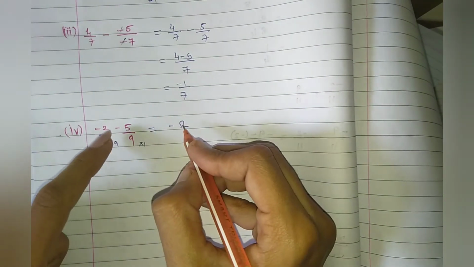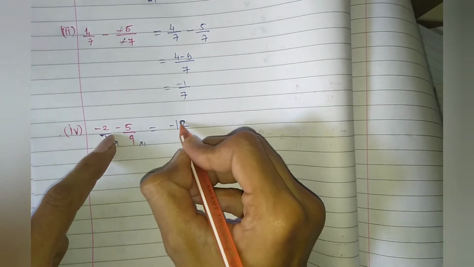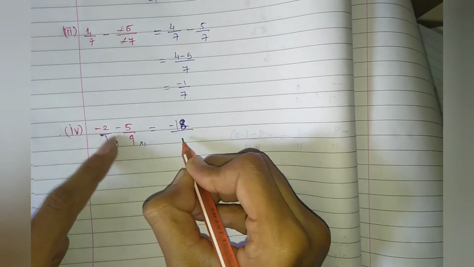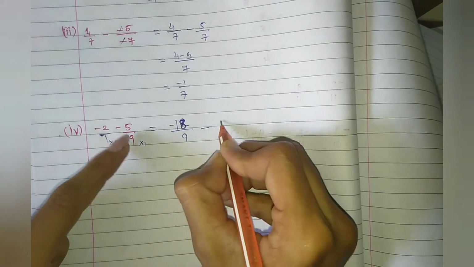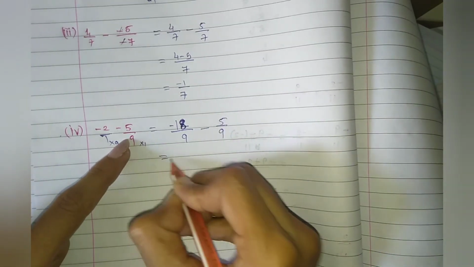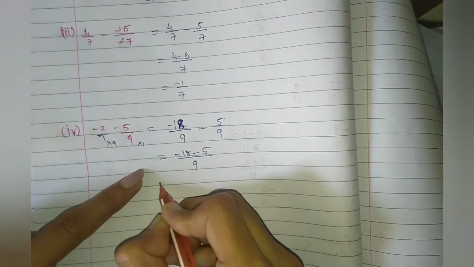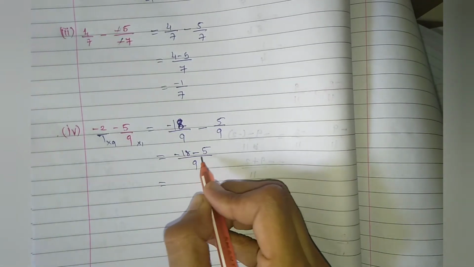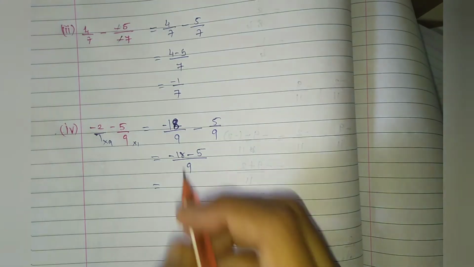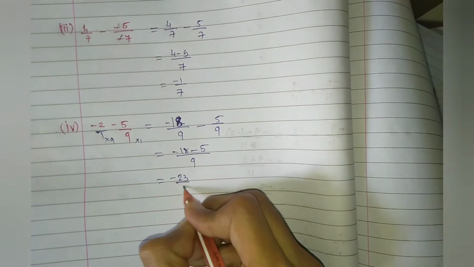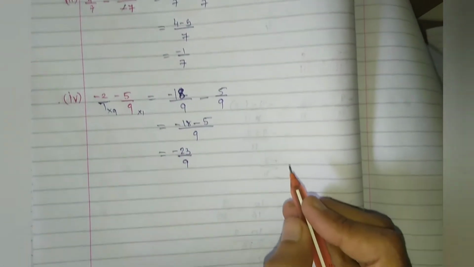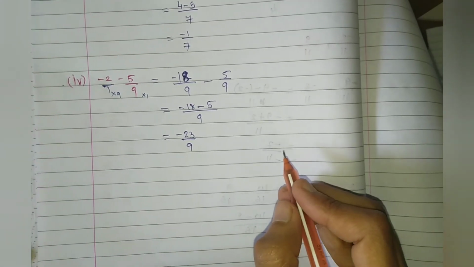So minus 9 into 2 is minus 18 upon 9 minus 5 upon 9. So equal to minus 18 minus 5 upon 9. So minus plus, 18 plus 5 is minus 23 upon 9. So minus 23 upon 9 is the answer.